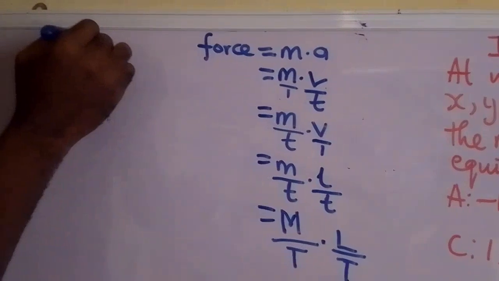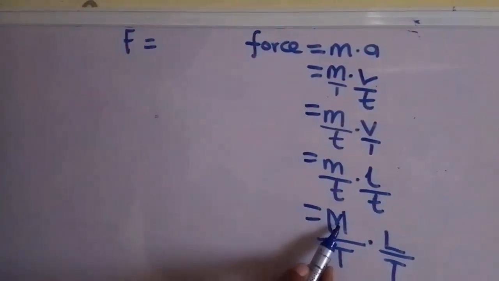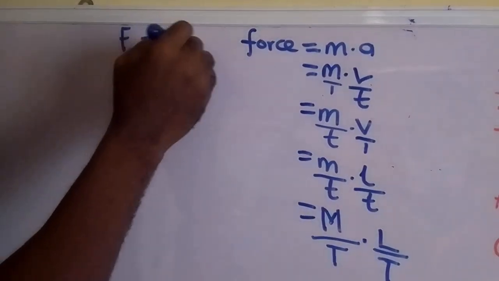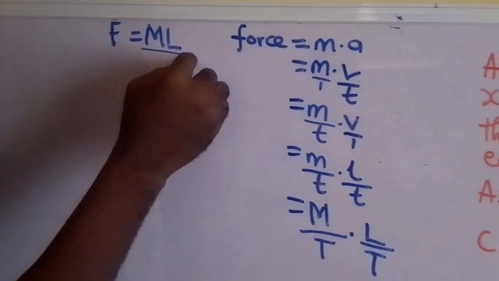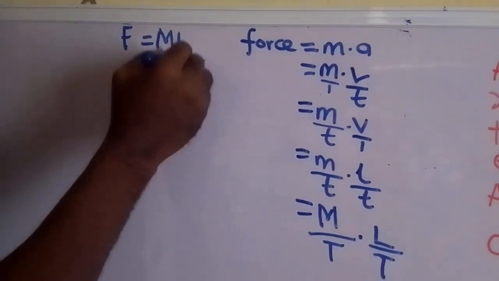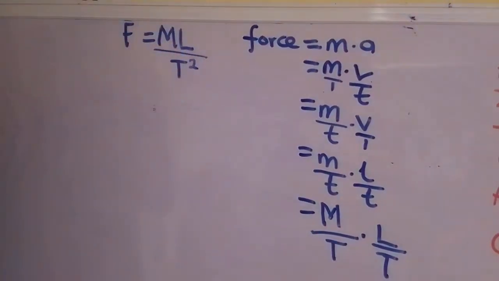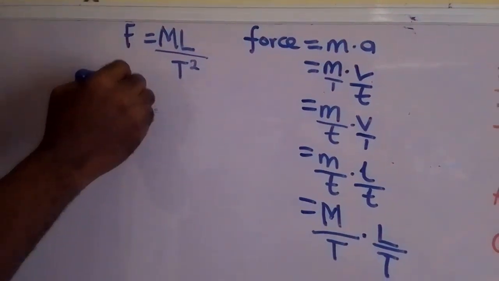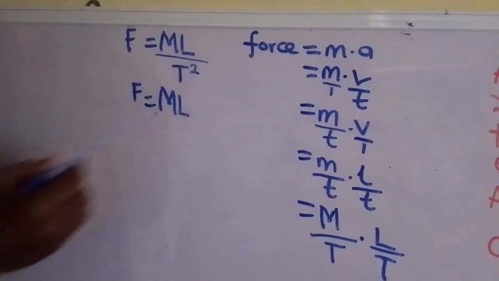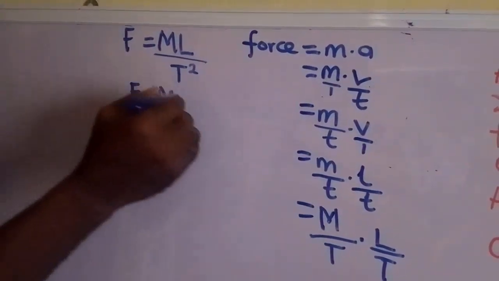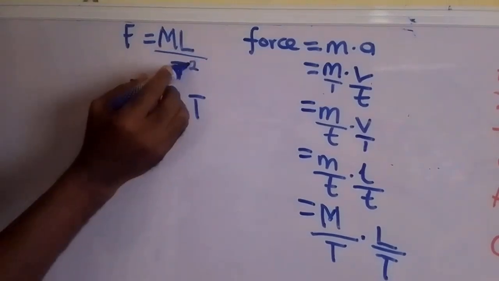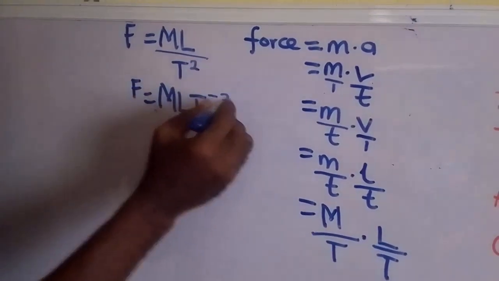Now, force will now become M times L is ML, divided by T times T, meaning there are two T's, T raised to power 2. Guys, do you remember in indices, I'll write the numerator first, and my denominator is only time, T. Because of the division sign here, this power will turn to minus.